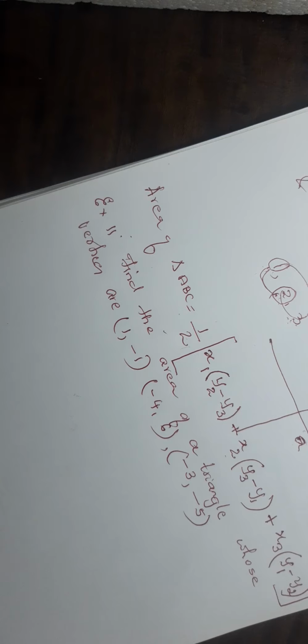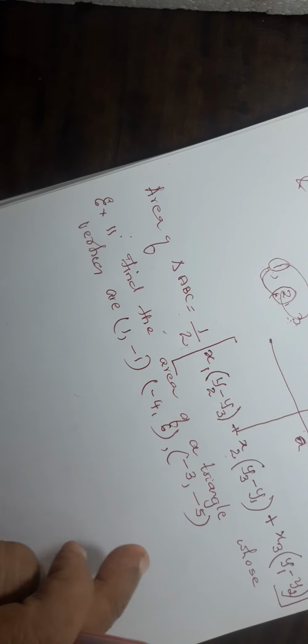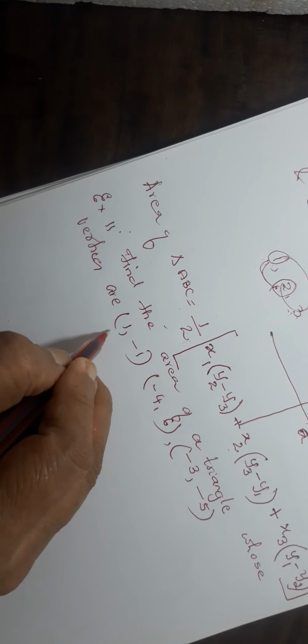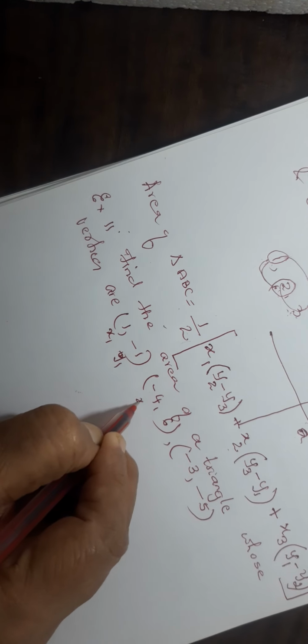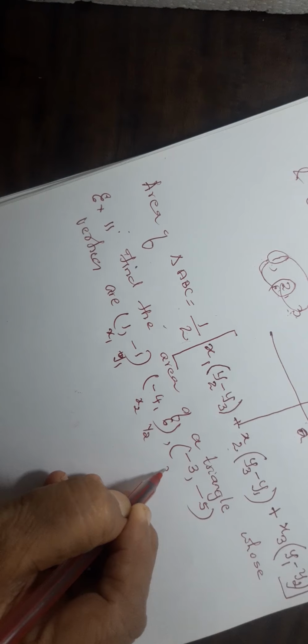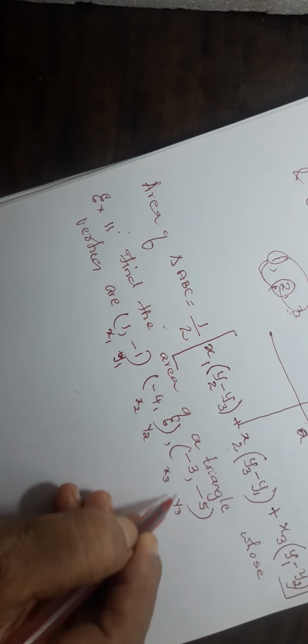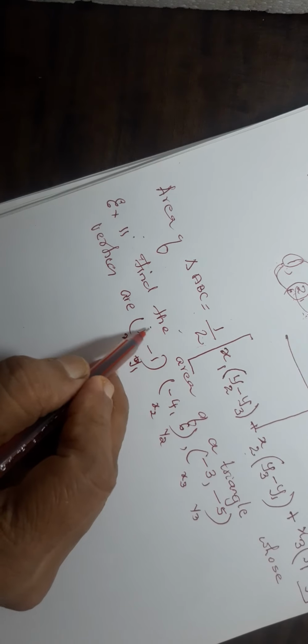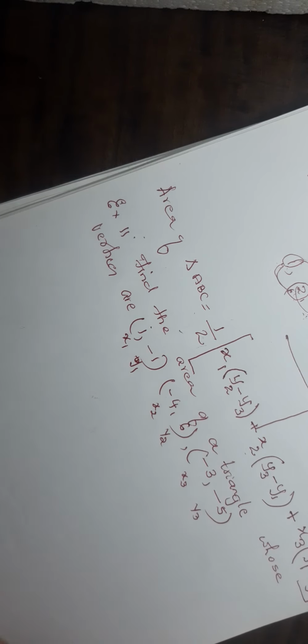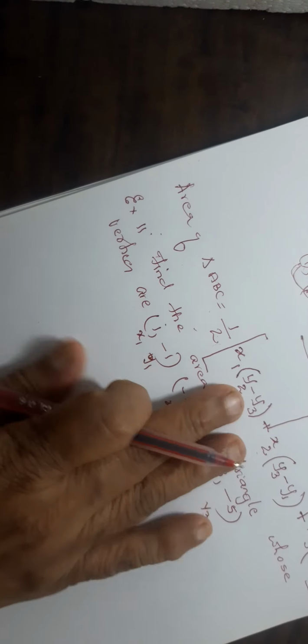Now see, when you remember this formula, you should write this x1 y1, x2 y2, x3 y3. You better write like this below them, or upwards, or downwards, so that you can observe this and substitute in the formula.